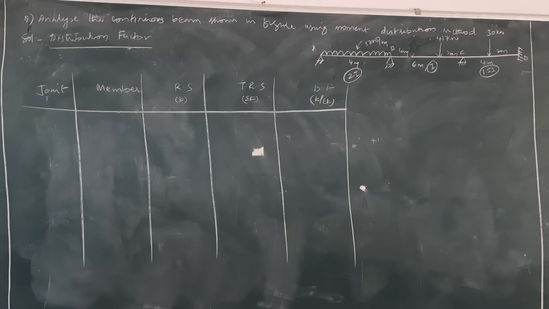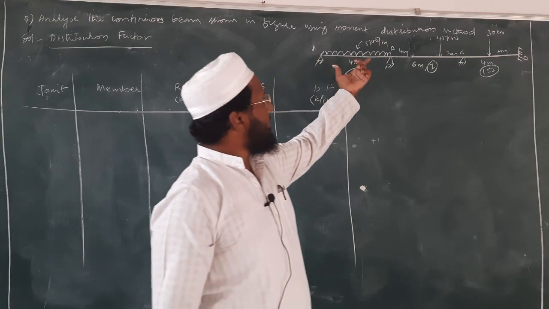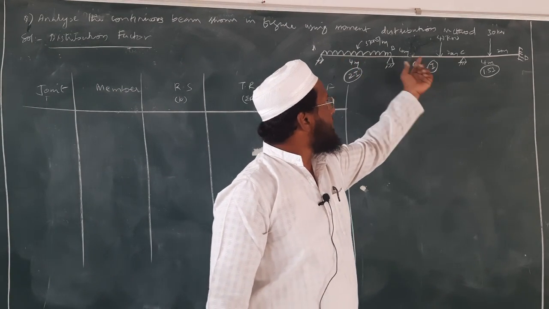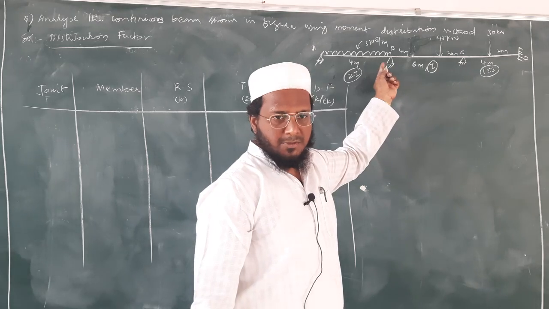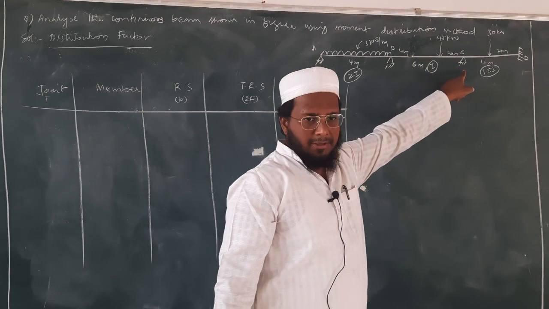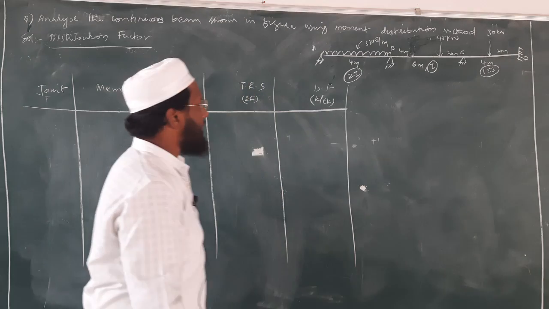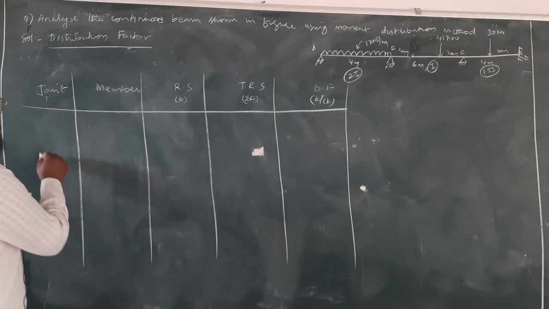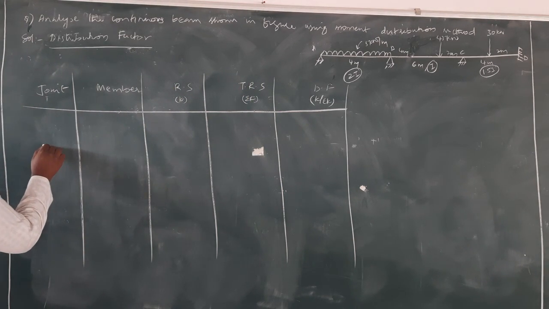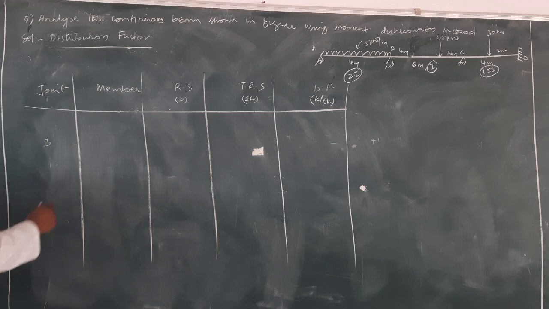Now you tell me how many joints we have here? 2 joints, isn't it? Members AB and BC are connected to one joint, that is B. Similarly, at joint C, we have BC and CD, 2 members getting connected at one point. So I will write here, joint is B. How many members are getting connected to joint B?